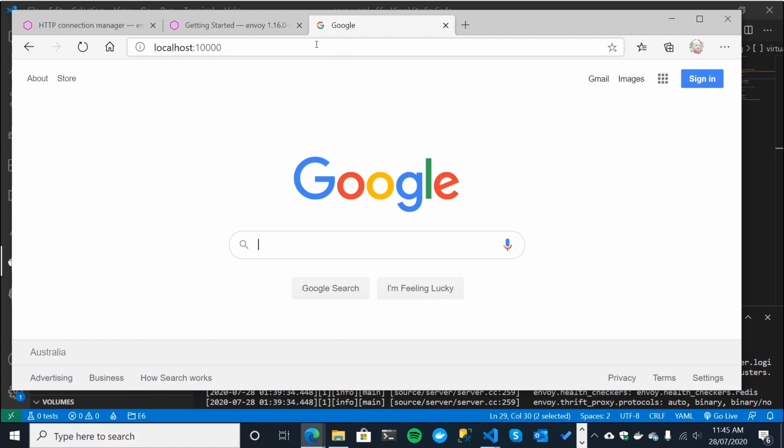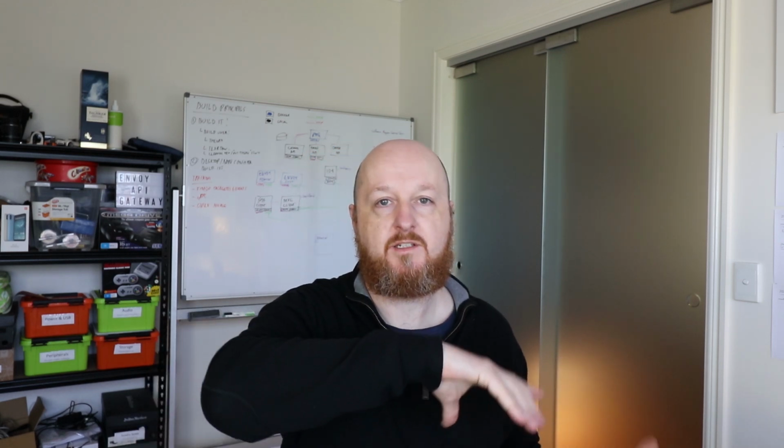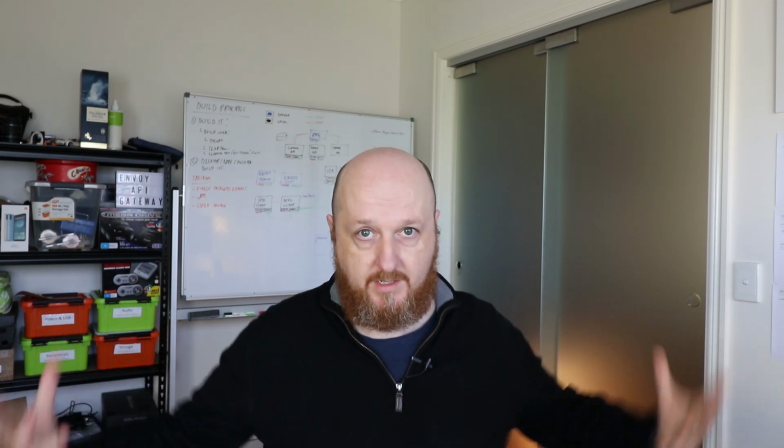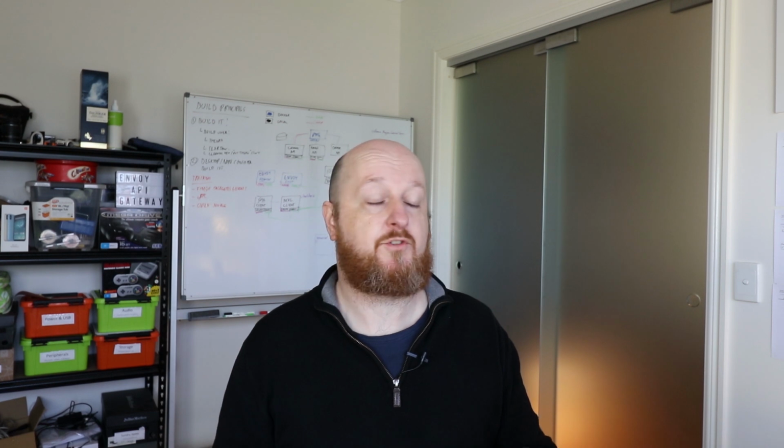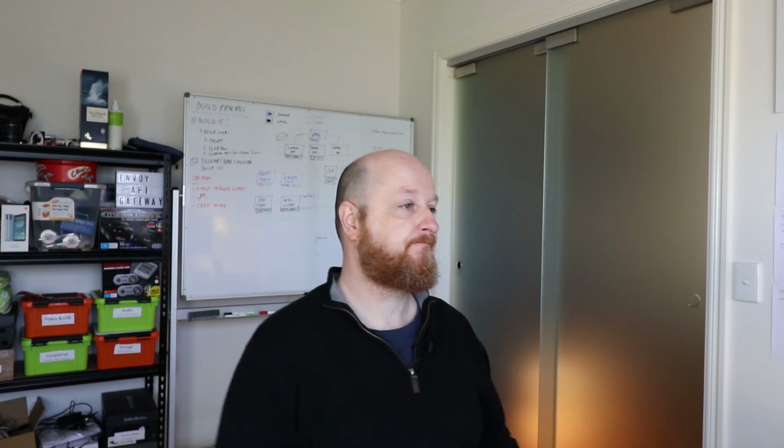Fantastic. So the next thing we're going to do is fold this default config into our Docker Compose, so we can do a Docker Compose up and everything will come up together. And then the main part of the tutorial is going to be going back into Envoy.yaml and editing it and updating it so that we can start to route to our APIs.